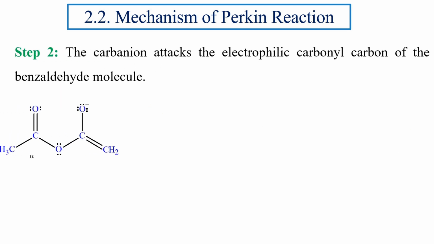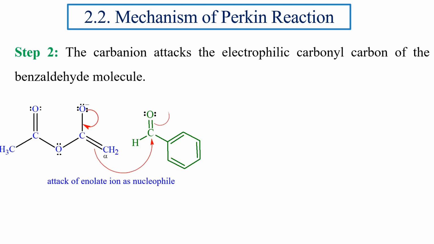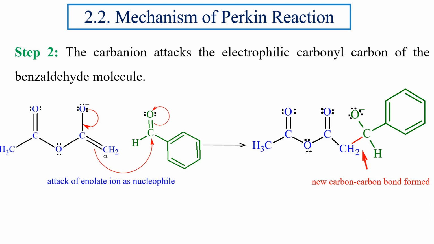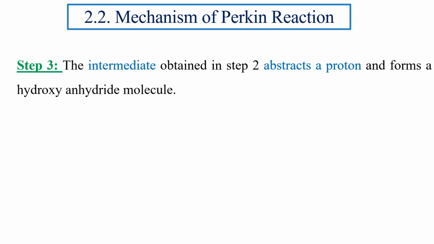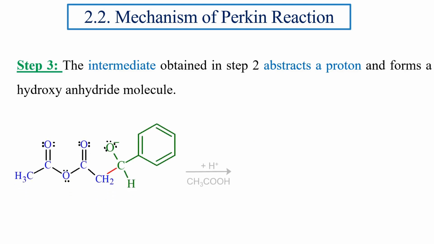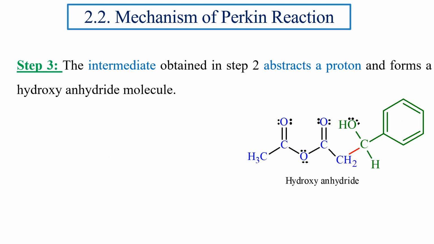The carbanion attacks the electrophilic carbonyl carbon of the benzaldehyde molecule to form an addition product that has a new carbon-carbon bond. The intermediate obtained in step 2 abstracts a proton from solution and forms a hydroxy anhydride molecule.